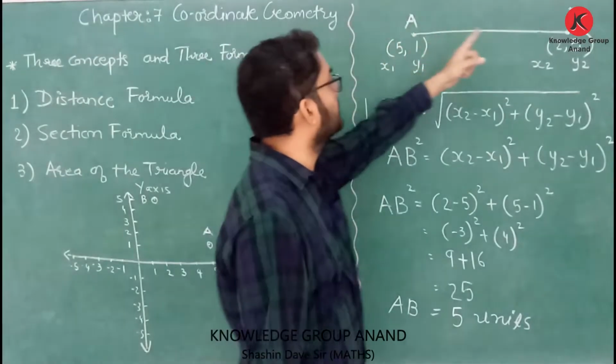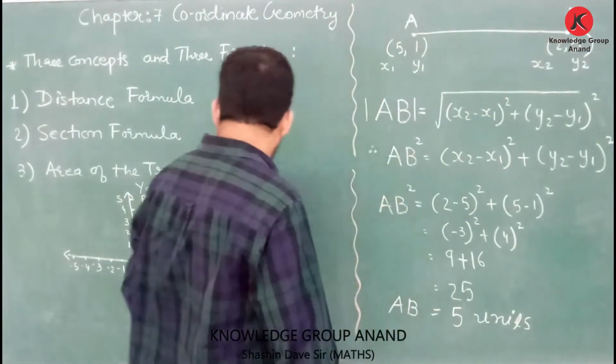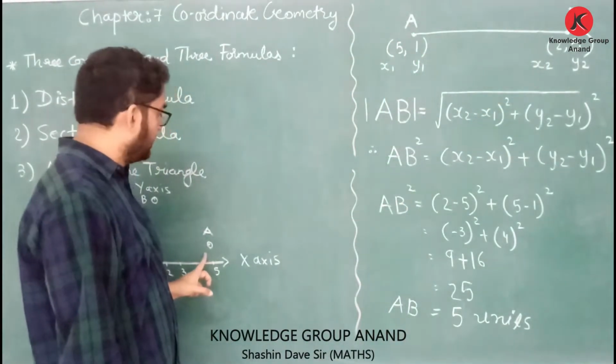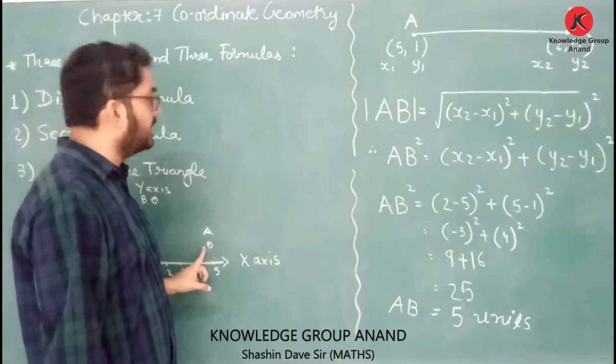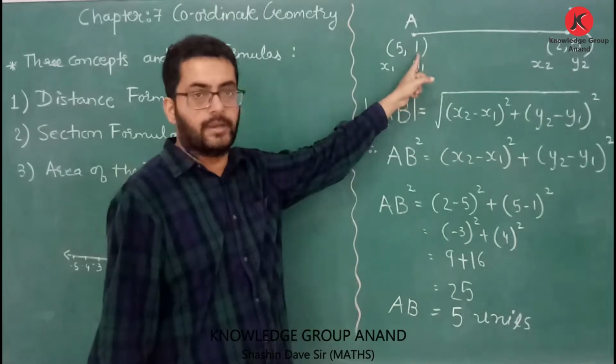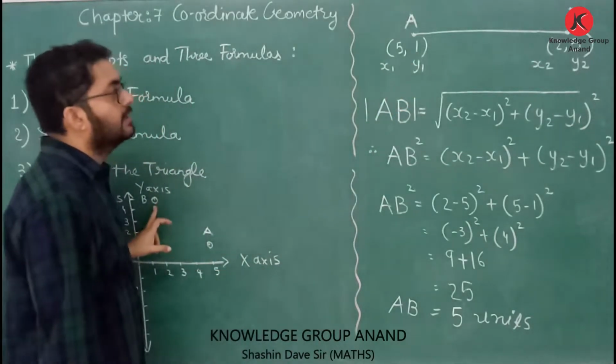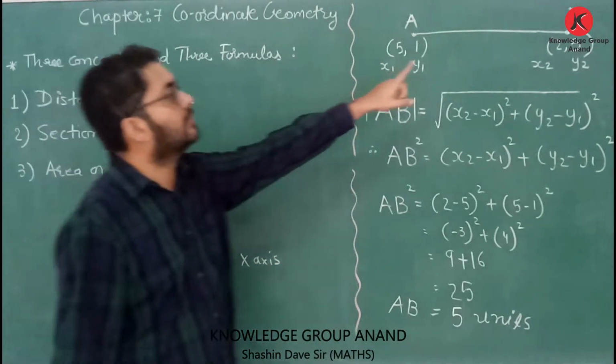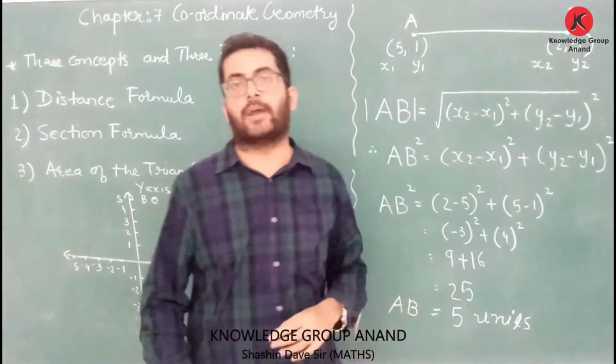This is my point A, this is my point B. As seen in this graph, the value of point A is 5, 1, and value of B is 2, 5. I have written here 2, 5.